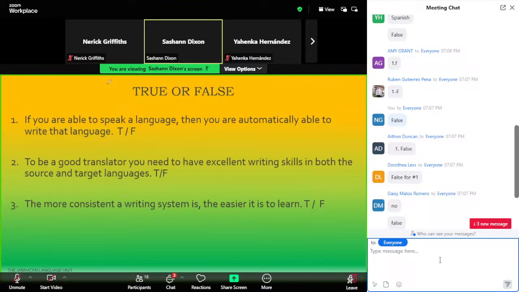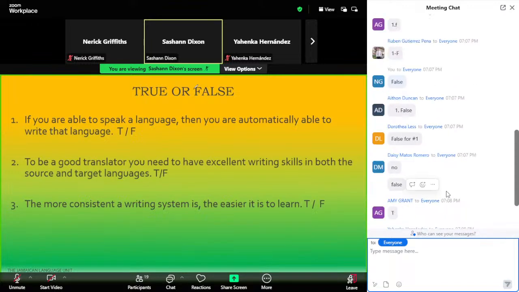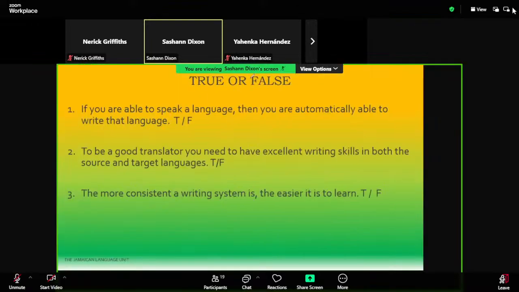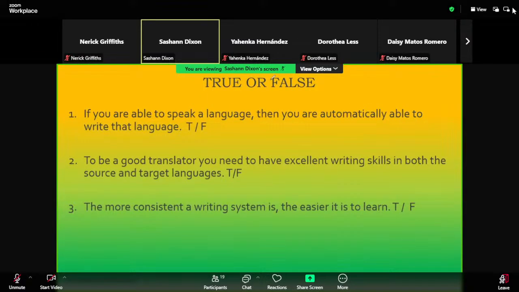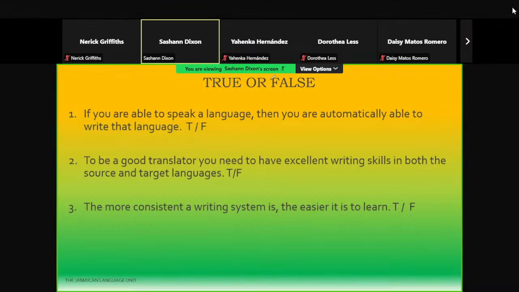So I did mention before, I don't know if anyone came in afterwards, the session is geared towards preparing persons who will be participating in the translation competition, right? Now, in order for you to be a good translator, not only do you need to understand the source language, whether it be speaking or writing, you need to also understand the target language.